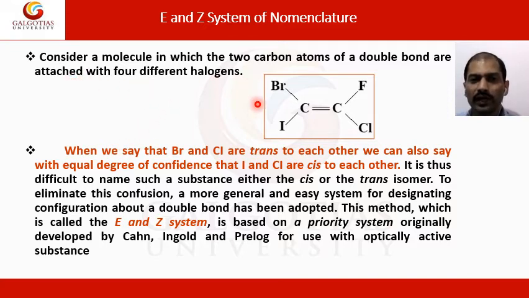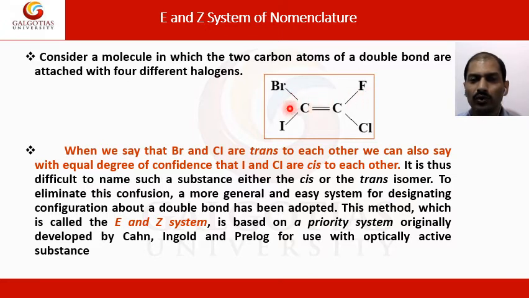Consider a very simple molecule where carbon and carbon are attached. Here, if we assume this carbon is attached with iodine and bromine, we first have to look at one carbon and set the priorities like 1, 2, 3, 4, where 1 is the highest priority, then second, third, fourth.